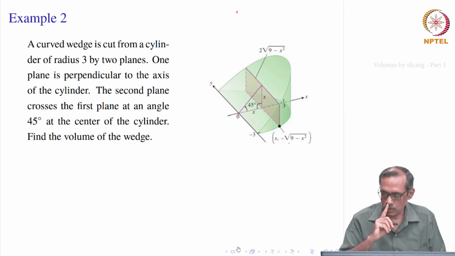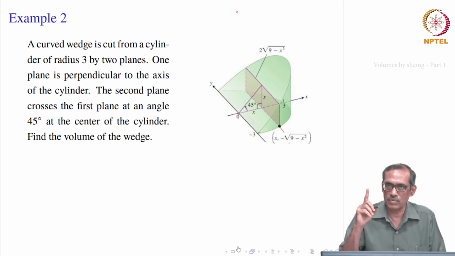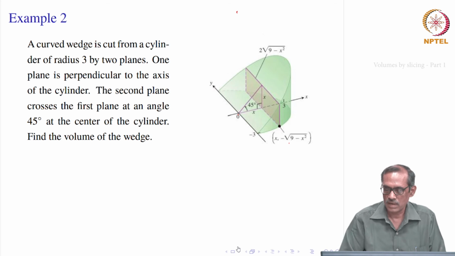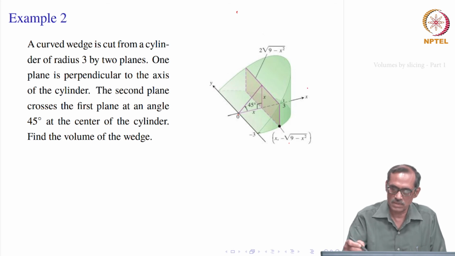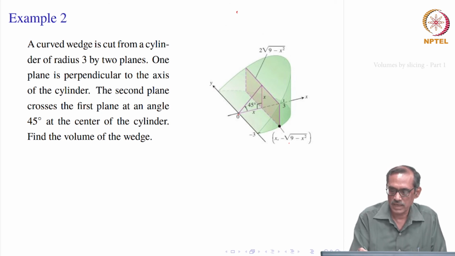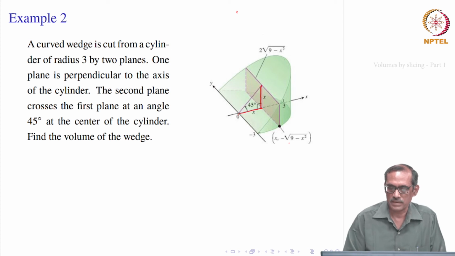All that we want to do is compute it by slicing. Let us take a perpendicular to the x axis, which is parallel to the yz plane, and make a slice from this. Since it is 45 degrees, and from the base it is the point x, its height is also x there of the slice. Okay.